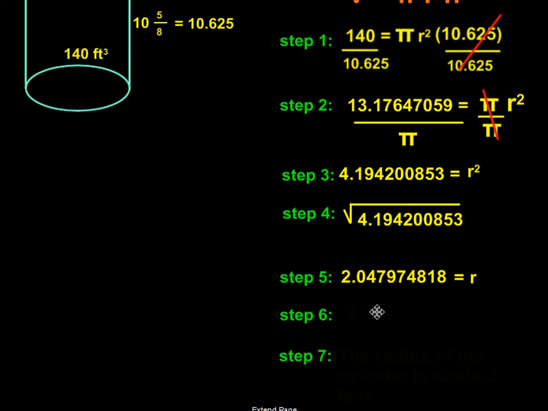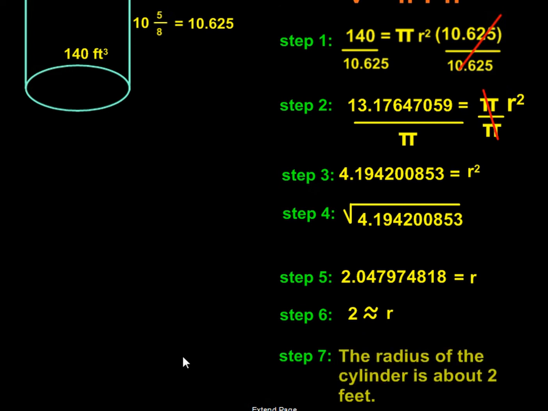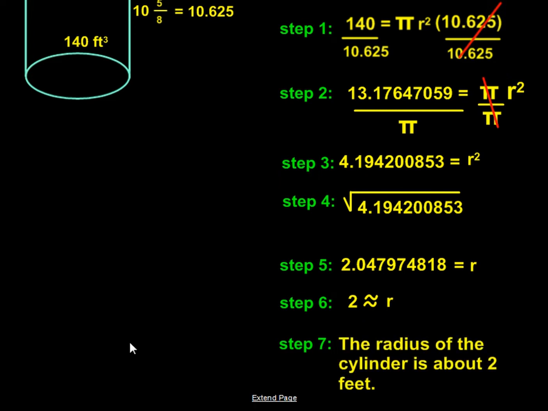From there, if we round this, the 4 isn't big enough to make the 0 turn to a 1, so it's essentially 2. This symbol means approximately. So r, the radius, is approximately 2 feet. And then we can write a sentence to explain that: the radius of the cylinder is about 2 feet.